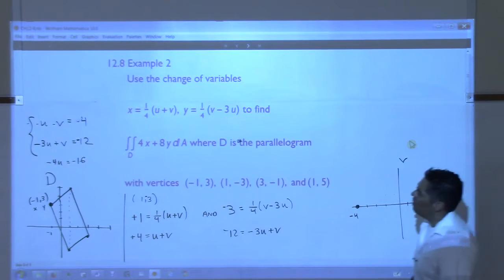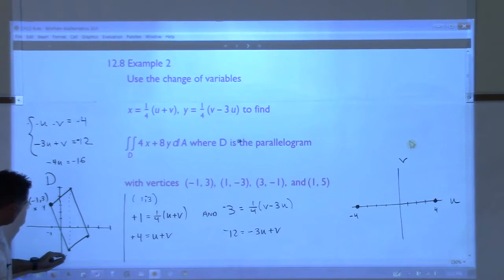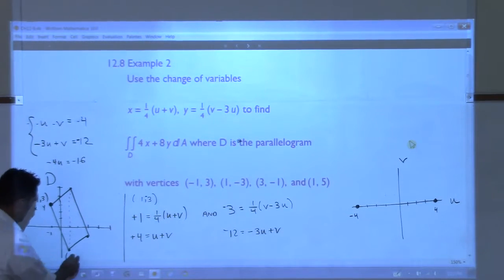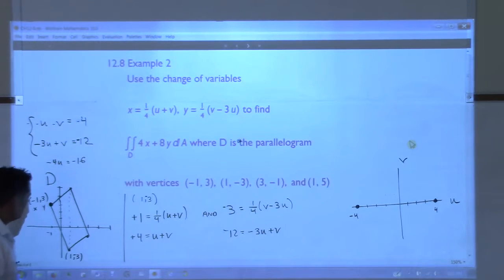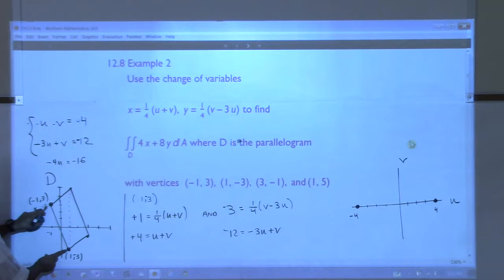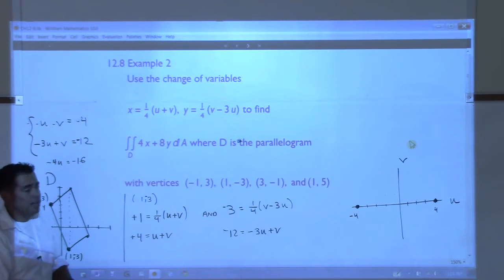Now, these 2 points, where was 1, -3? 1, -3 was here? Yeah. Here's the great thing about this transformation, is that if these 2 points are connected here with a straight line, see how they're connected with a straight line? And our transformations are linear. See how these are linear?